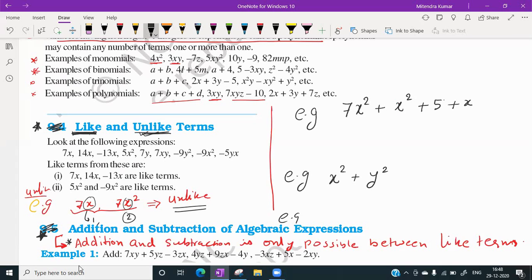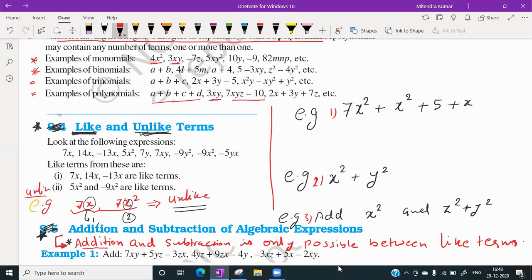Or maybe if I ask to add x square and z square plus y square. Okay, so listen carefully, I have three examples. From examples it will be more clear to everyone.